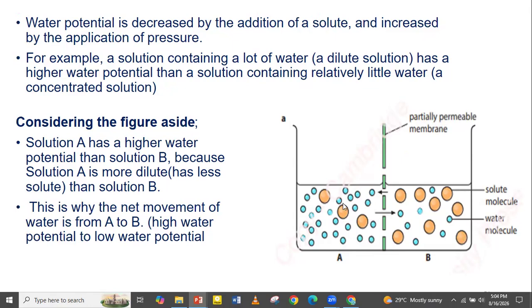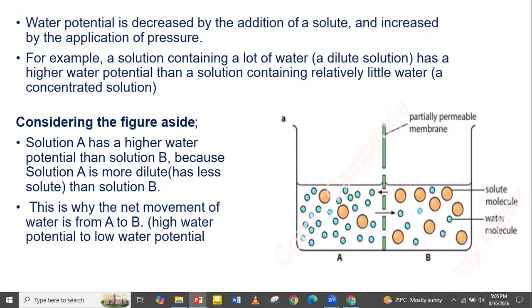A solution that has less solute will have a higher water potential. So if a solution has a lot of water, it's going to be dilute with a higher water potential. A solution that has less water but more solute is going to be concentrated, so it has a lower water potential. So when you add more solute to a solution, you're going to be decreasing its water potential.